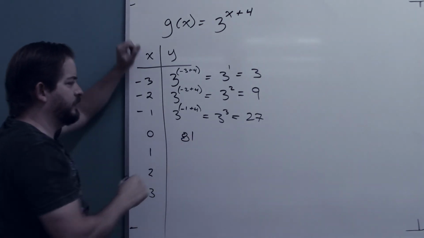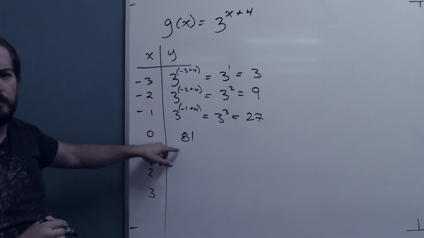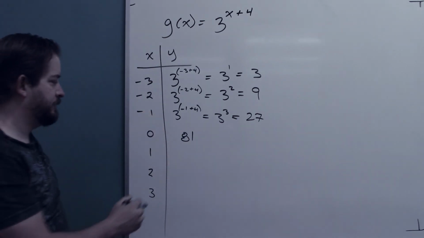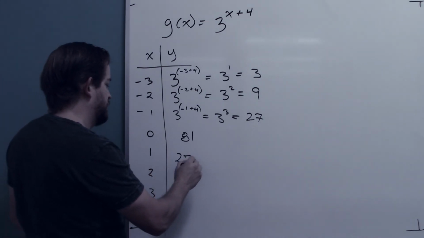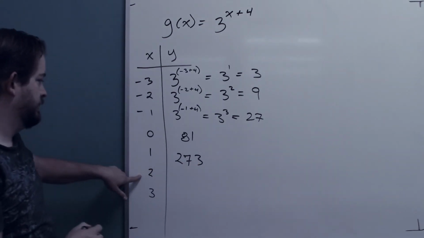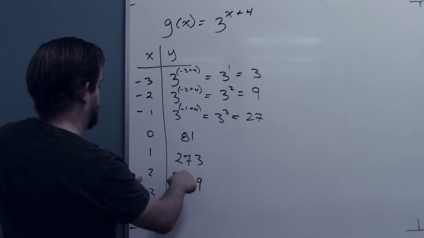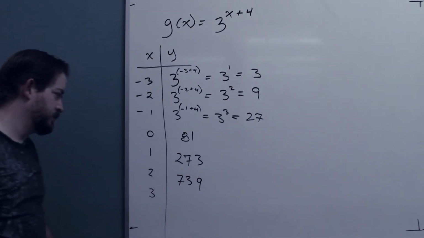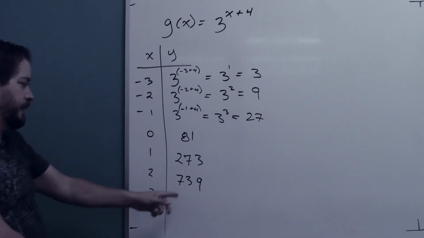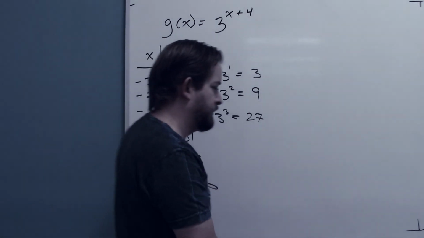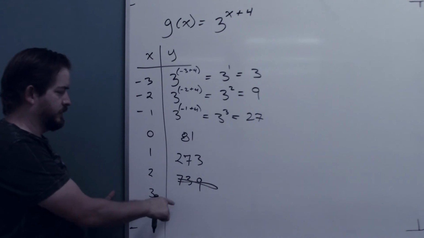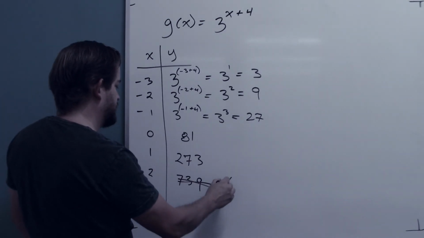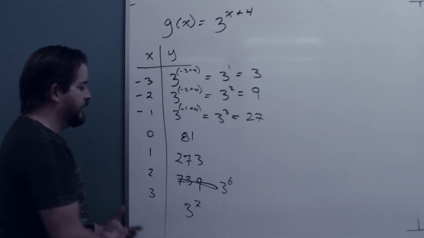It starts to become very unhelpful because I'm not going to draw my graph big enough to throw an 81 on here, or a 243, or a... that seems wrong. I don't know what that is, but it's big, right? This ends up being 3 to the 4, 3 to the 5, 3 to the 6, and 3 to the 7th. And those are huge numbers.